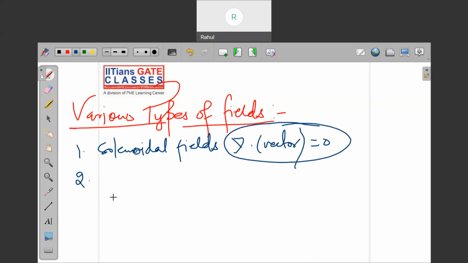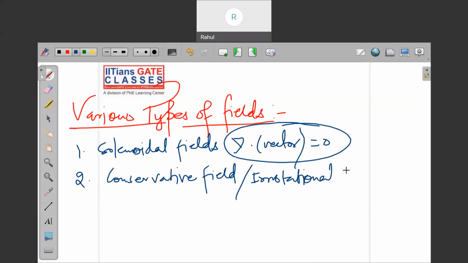Then the conservative field, or irrotational field, or harmonic field.